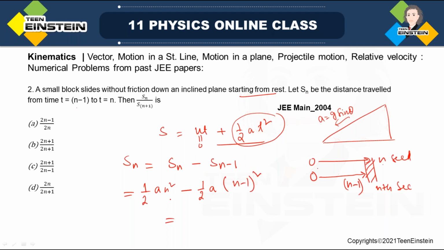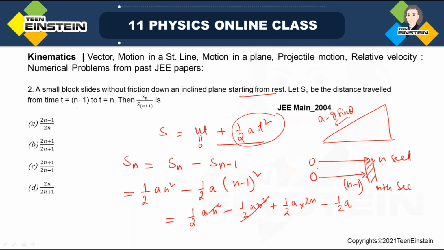Now if you take the difference, it will be half a n square, then minus half a n square with a minus sign, with a plus sign there will be half into a into 2n, with a minus sign half a, because 1 square is 1.